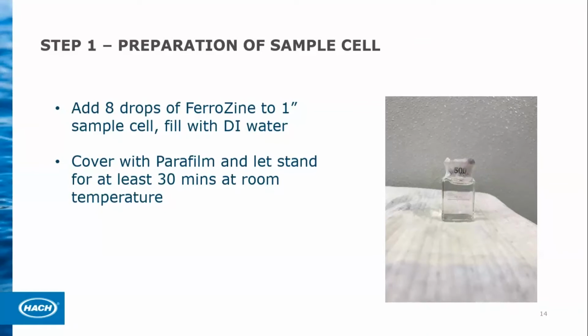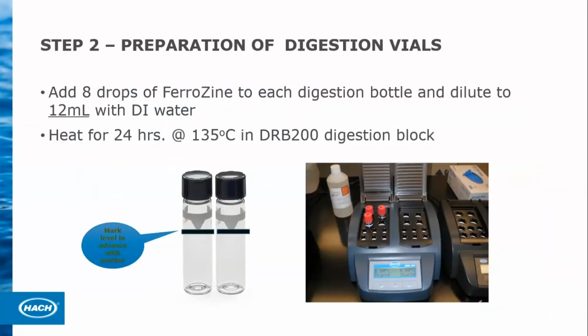So we put 8 drops of the Ferrozine into a 1-inch sample cell. We fill it with DI water. We cover it. We let it sit. That's going to clean our glass sample cell. Now the digestion vials. They may vary, but shown here is one of the digestion blocks with sample vials.